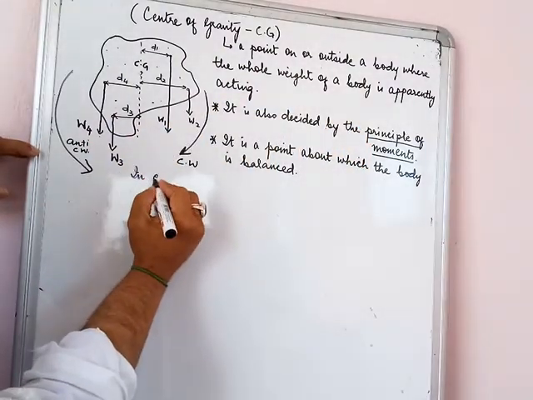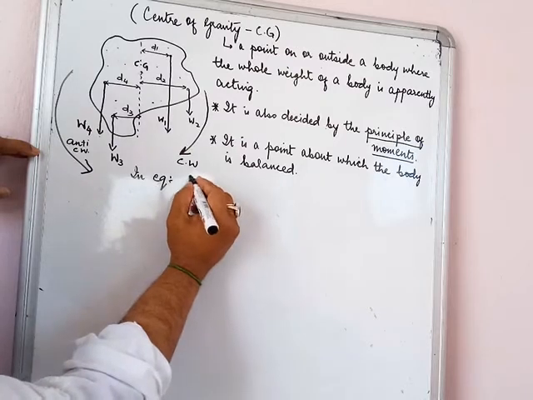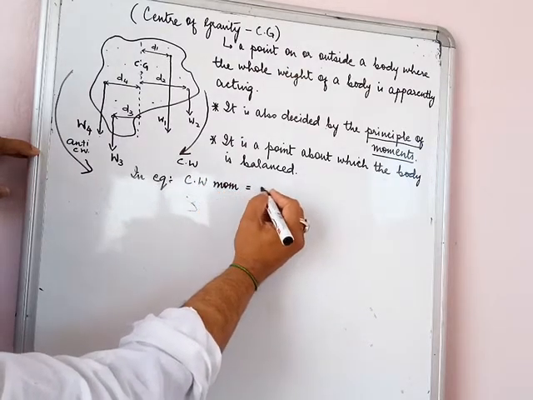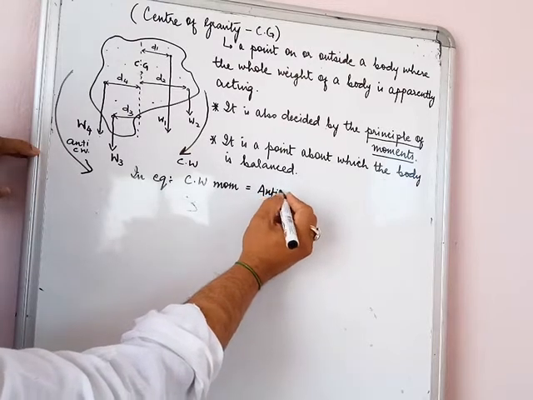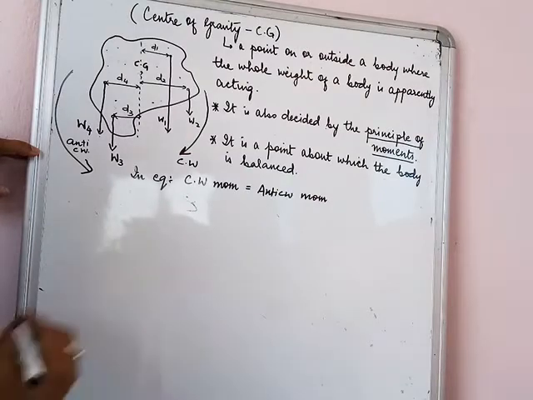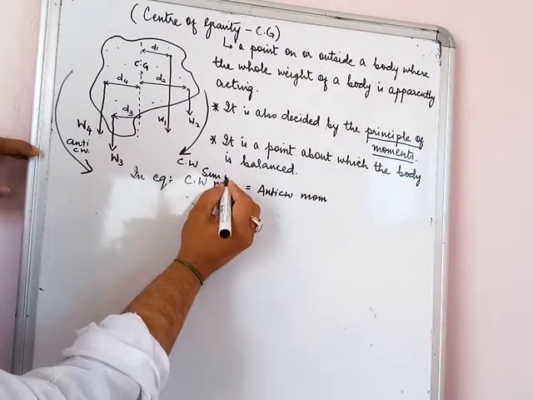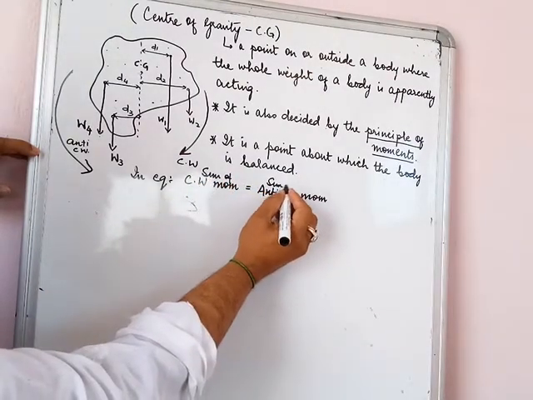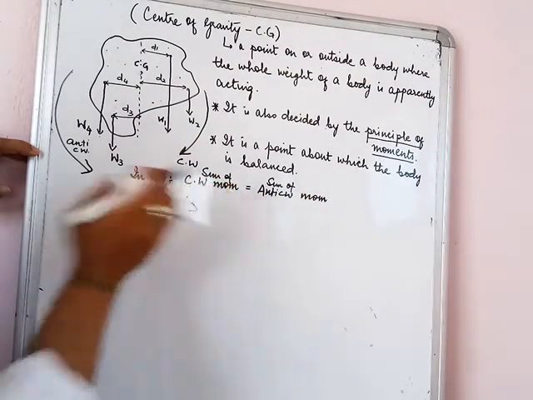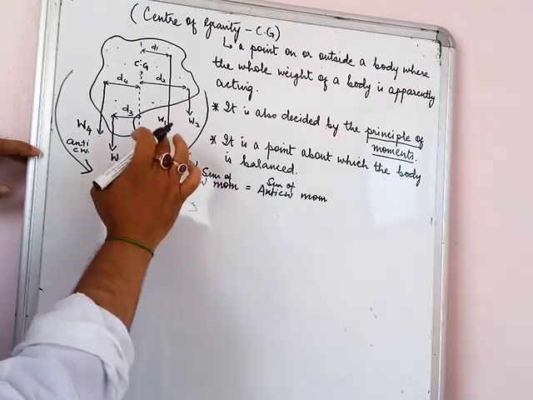So in equilibrium, the sum of all the clockwise moments will be equal to the sum of all the anti-clockwise moments. Let us see where the clockwise moments are.